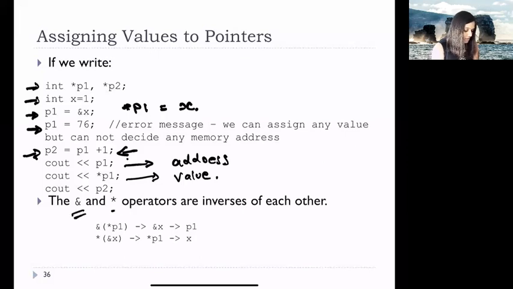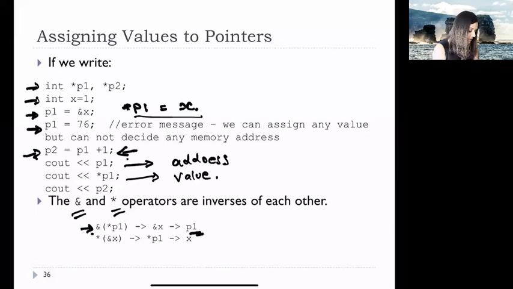It's very important to understand pointers, and to understand these two operators, address of and the dereference operator asterisk. Both these operators are inverses of each other, as you would have seen in our examples until now. So the dereference of pointer p1 is nothing but x, because pointer p1 can be said as x, and address of x is nothing but p1, right?